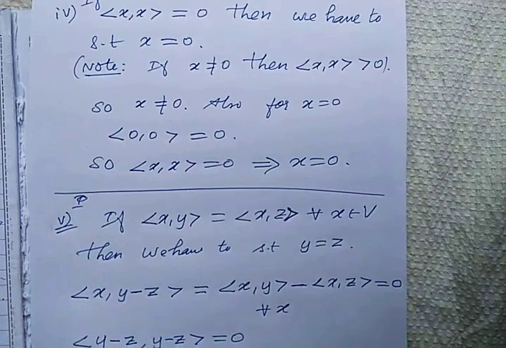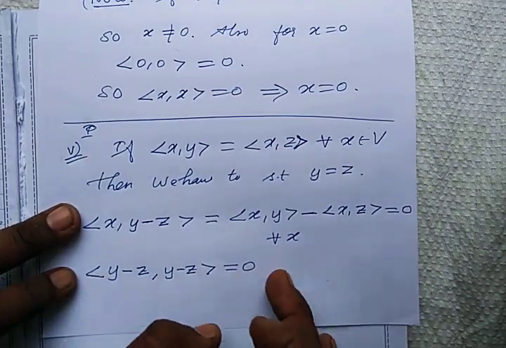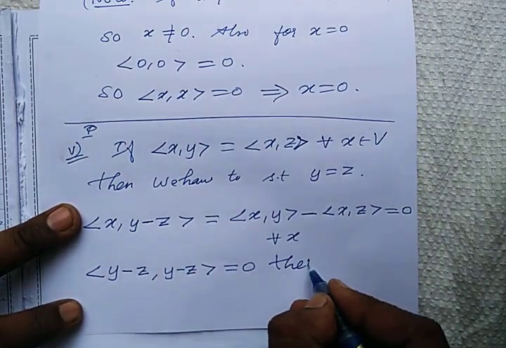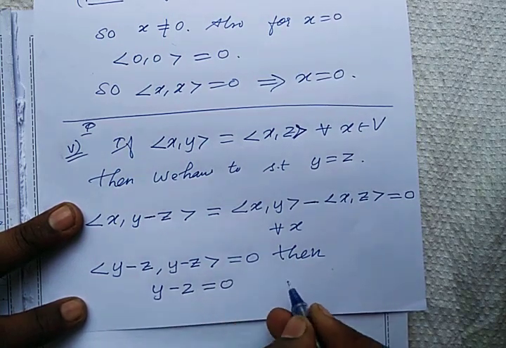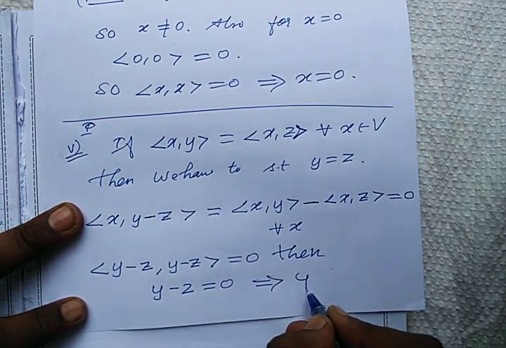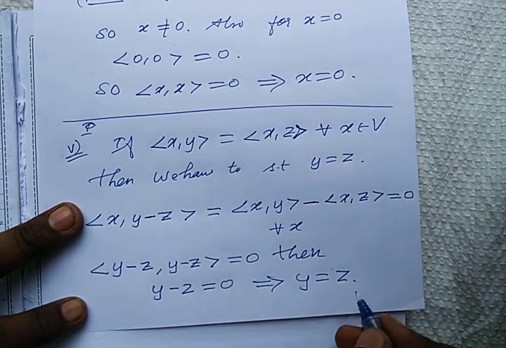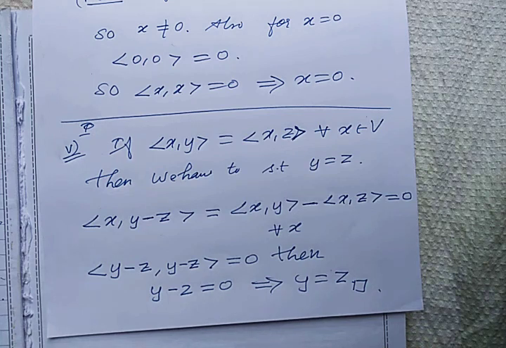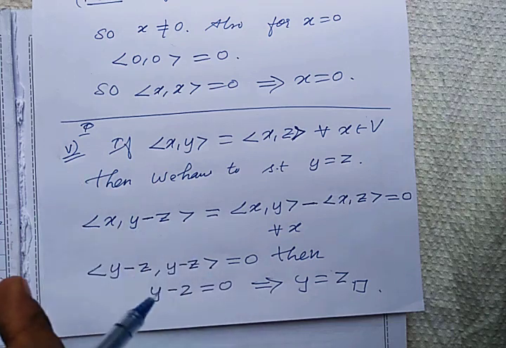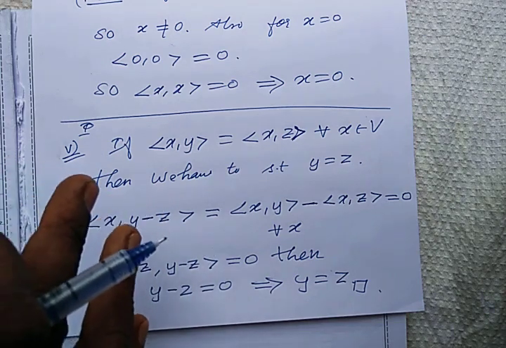But just now we have seen that if this one is 0, then y minus z is equal to 0. This implies y is equal to z. It's a simple proof but important result. So if this one is an inner product, then these 5 more conditions also hold for the inner products.